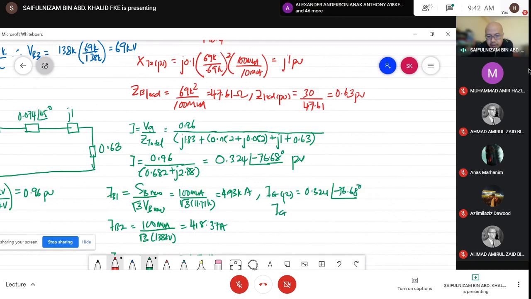So IG actual equals 0.324 angle minus 76.68 times the base, 4.93 kA.